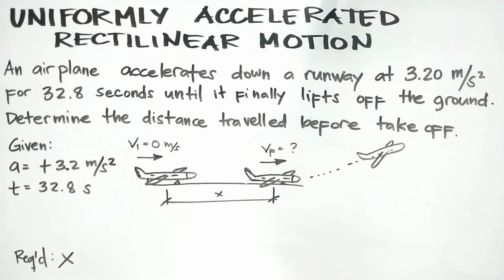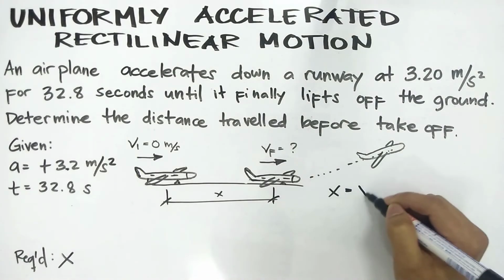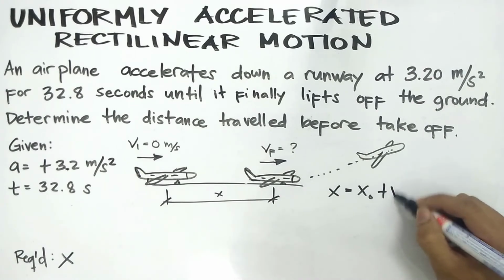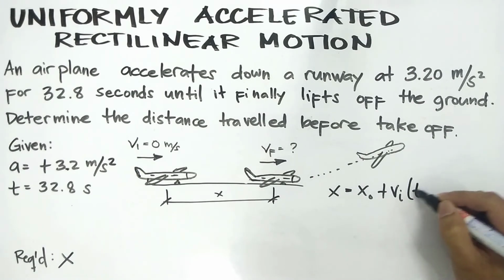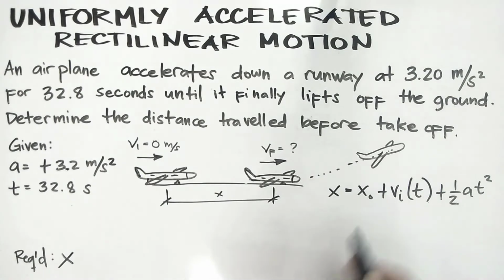And if you look for the equation with the least unknown values, it is the second equation here, written as x is equal to x sub 0 plus initial velocity times time plus 1/2 acceleration times time squared. Now what is x sub 0?